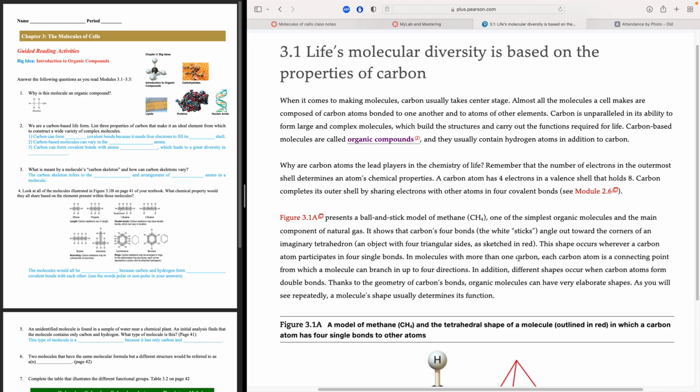So let's get to what this thing is about organic. Question number 1. Why is this molecule that you see over on the left-hand side organic? Over in the textbook, it says the definition of what an organic compound is, so I'm going to highlight that.